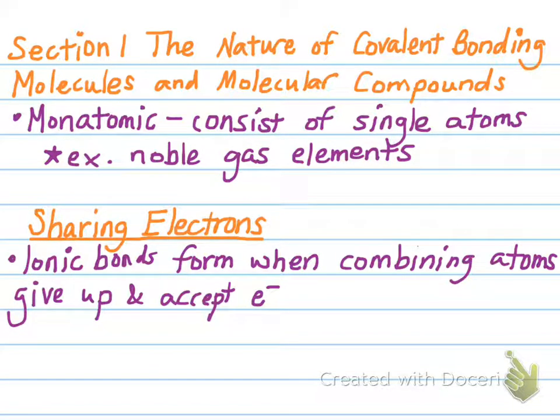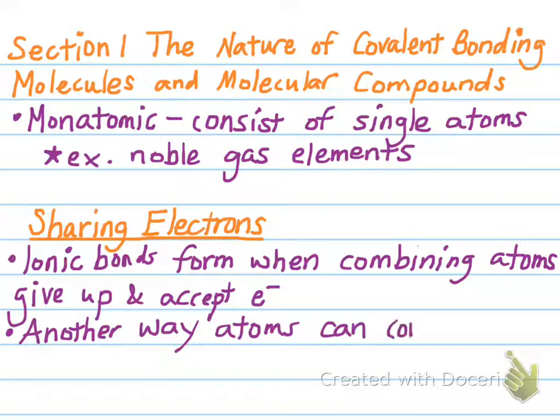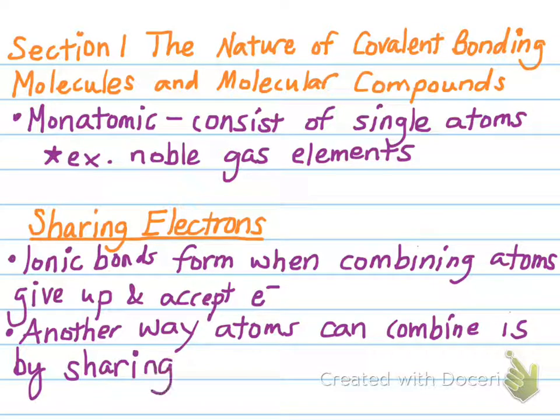That's not the only way, though, that we can form bonds. Another way atoms can combine is by sharing electrons. Specifically, this is going to be called a covalent bond.